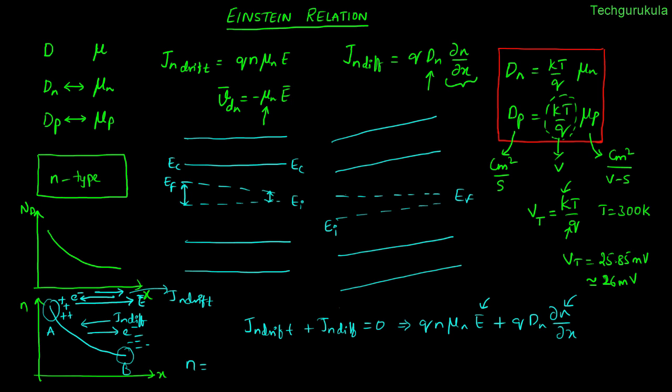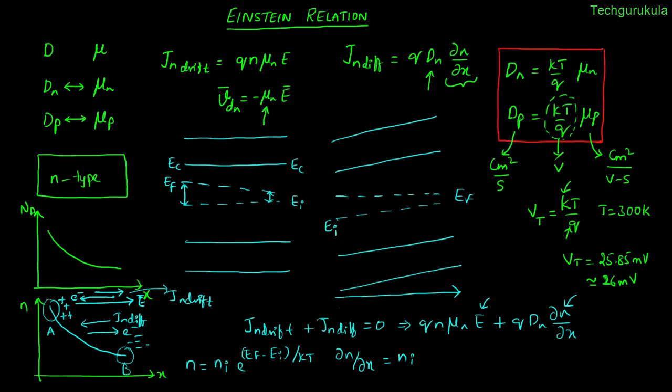For sure we know what n is, which is given by ni times e power (Ef minus Ei) over kT. So we can write del n over del x. In this case we can see Ef is not changing with respect to distance, which means Ef is not a function of x, but Ei is changing with respect to x, the distance. So Ei is actually a function of x.